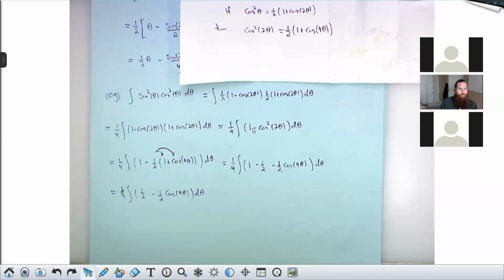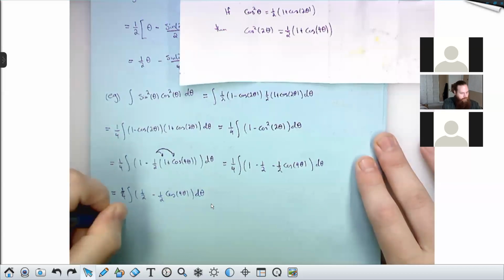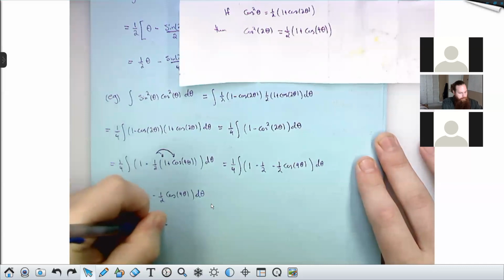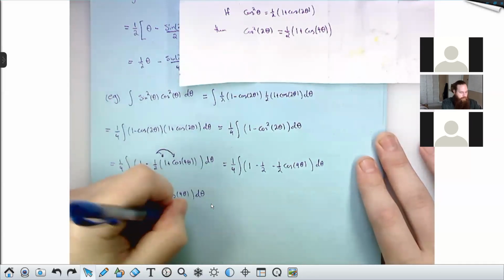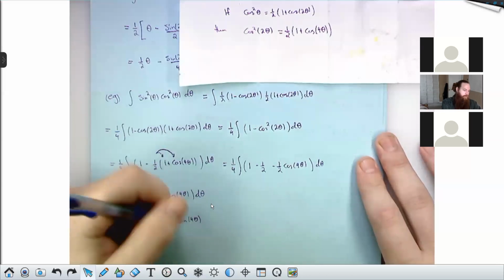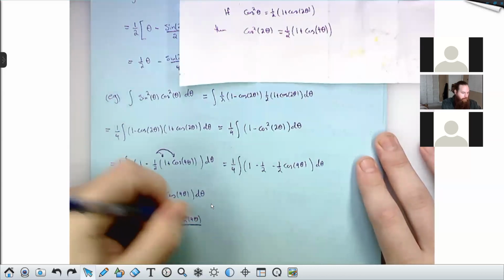The good news is that now, where we are, I can do everything with just little micro u subs. The 1/4 out front is going to come along for the ride. 1/2 d theta just integrates to 1/2 theta. You don't even need a micro u sub for that. Minus 1/2 times now cos 4 theta, that is a micro u sub. It's going to integrate to sine 4 theta, because what could differentiate to cos 4 theta? It's got to be sine 4 theta. But then by the chain rule, you would multiply by 4.